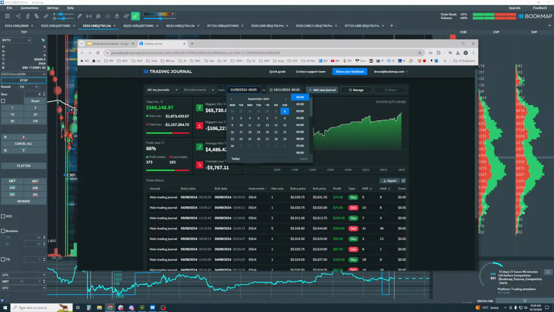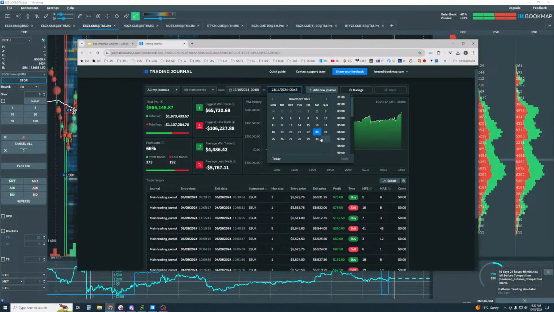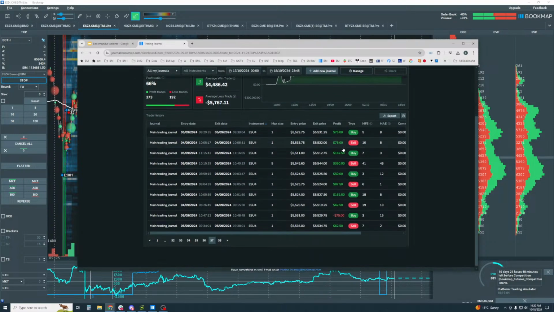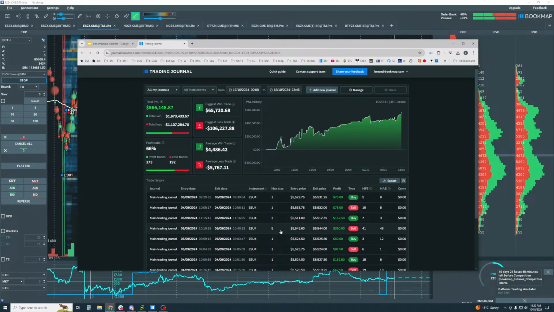Let's select a date here. Hold on just a second. Today's the 18th, so we'll go 17th to October 18th. I want to find just the trades I took earlier this morning.